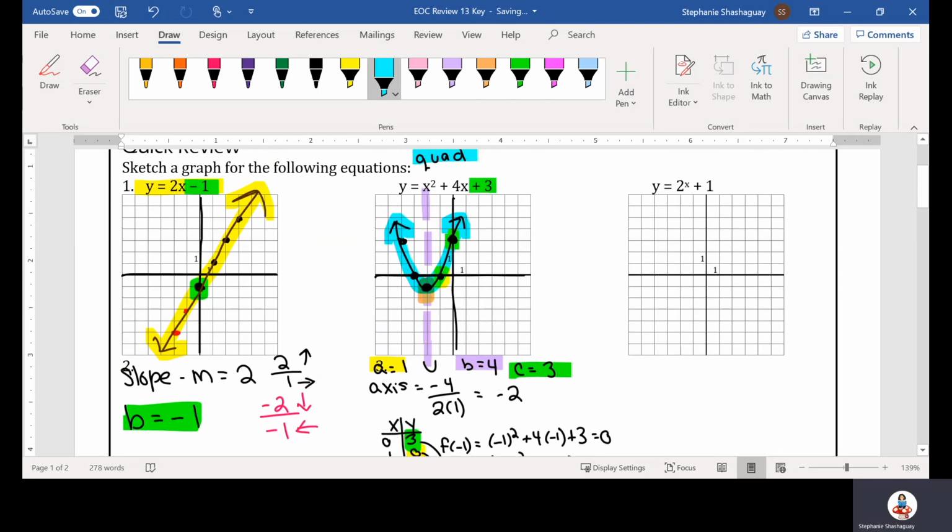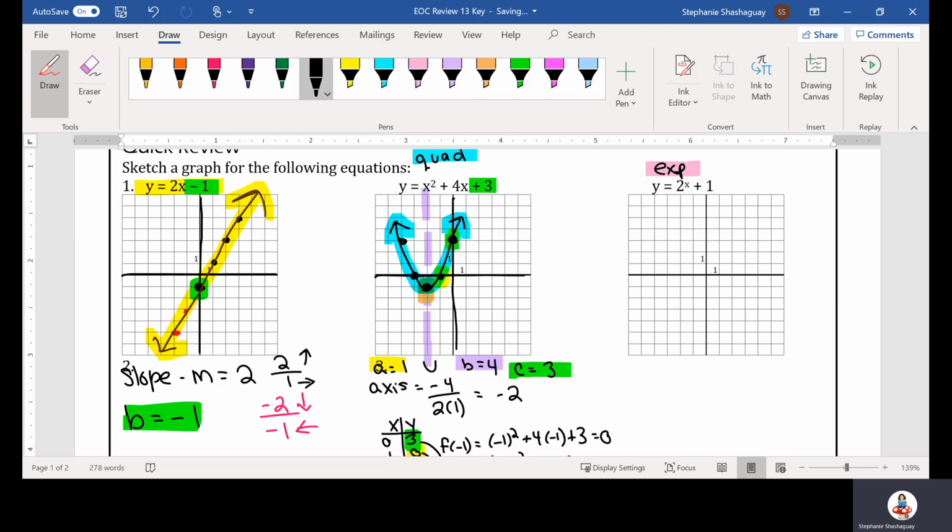Okay, let's look at our exponential function, number 3. y equals 2 to the x plus 1. Sorry, this is an exponential function. And so that plus 1 is going to tell me that the y-intercept is going up by 1.